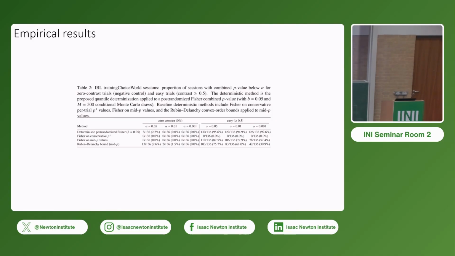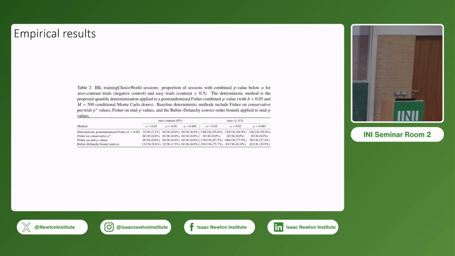Mid p-values is another thing from the literature, which is to basically take the middle of an interval. And here we've got Rubin-Delancey's bound, which is just from another paper in the literature, and we're comparing two cases. This is the case where there is no stimulus, so the mouse shouldn't be able to see it, so you shouldn't get significance.